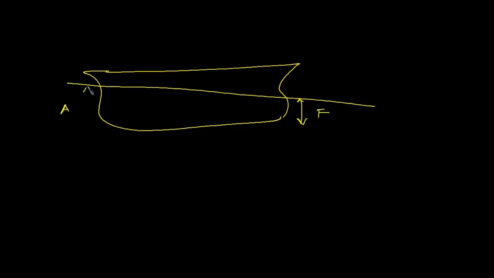This is your aft draft. And there is a center of flotation here. We need to find the draft at the center of flotation. So that means there is going to be a correction here. This is the correction. So the correction is going to be applied to the aft draft.